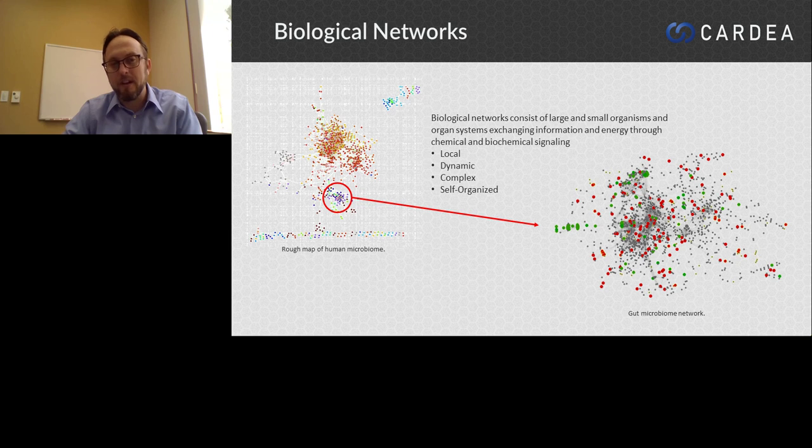And they're self-organized. This is not something that's engineered. It's something that comes naturally out of the interactions between all of these biological components. Despite that self-organization, you can see some structure in here. They're not random collections of things interacting with each other without any sort of order. There is some order here.